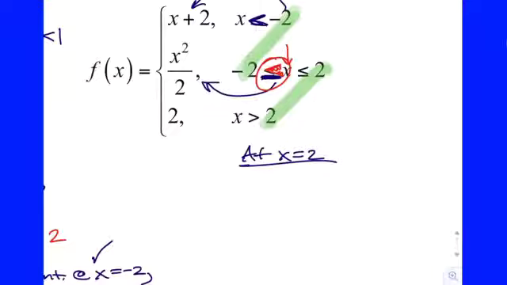Middle piece and the bottom piece. Right. Less than is left limit, equal is function value, greater than is right-sided limit. So you're just plugging in. Try to copy the notation that we just did for -2, but do it for +2.